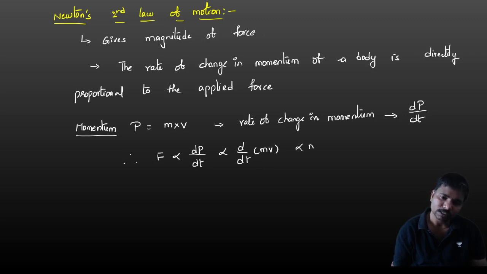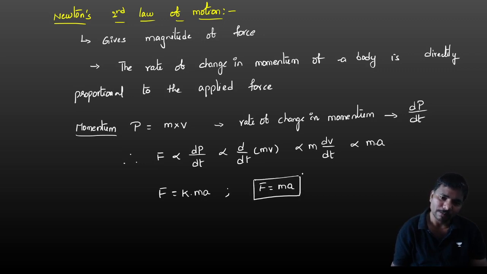Always mass is a constant, then dv by dt you will get, so that is proportional to m into a. So we can say F is equal to some constant into m into a, or simply if you take the constant as 1, F is equal to ma.